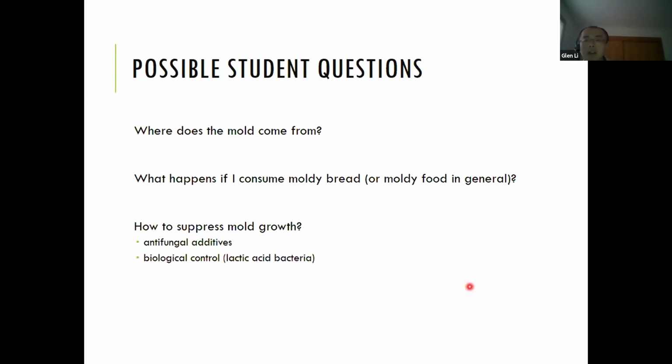The fermentation of coffee beans in general involves molds. That's a process where the actual mold growth alters the flavor of the coffee beans. And there are certain ethnic foods that involve culturing of mold as well.